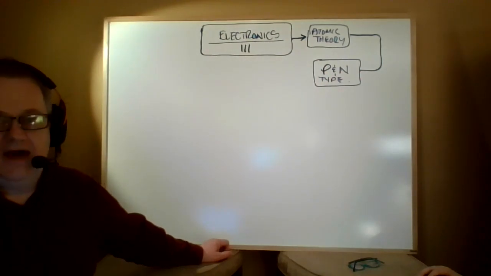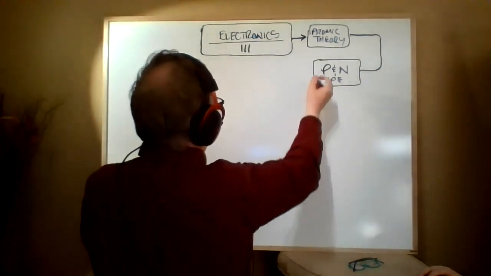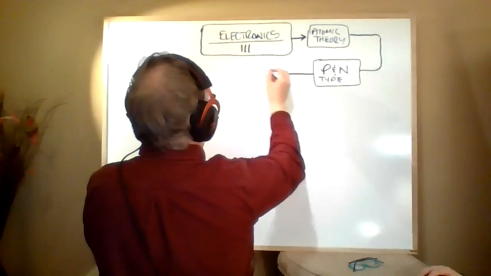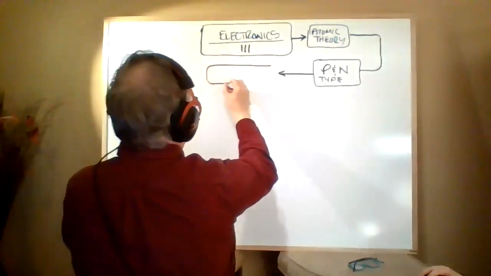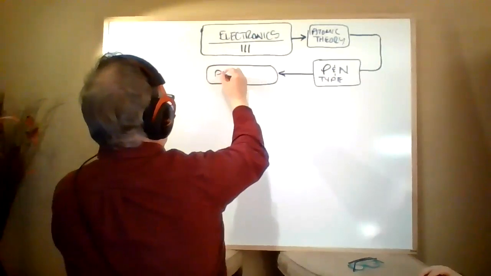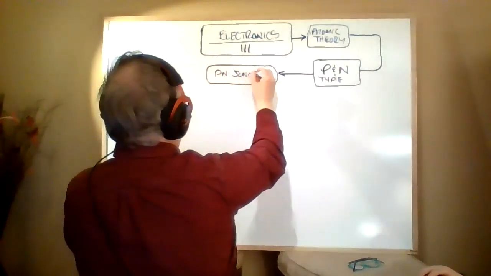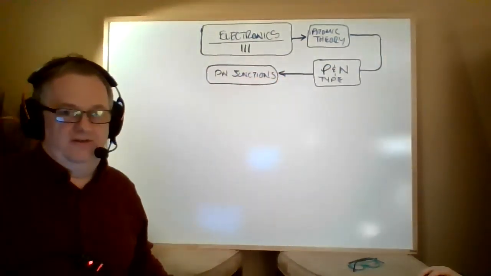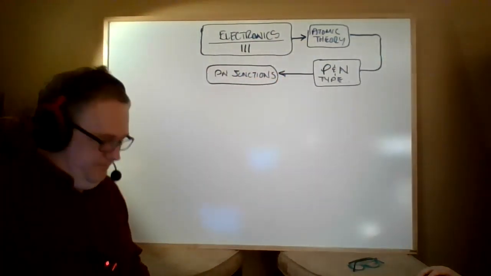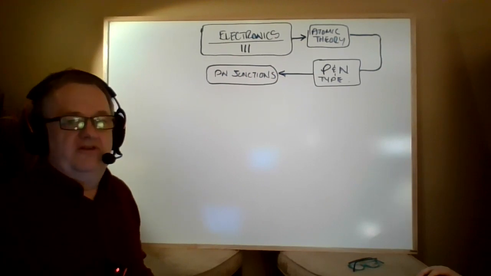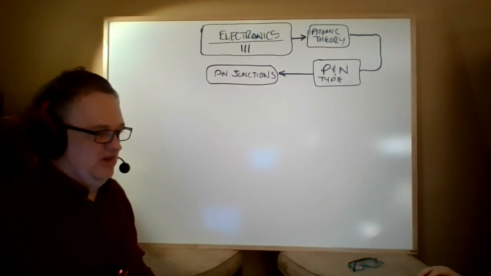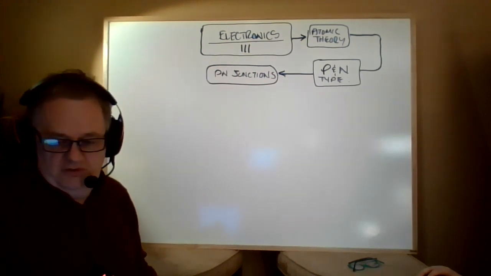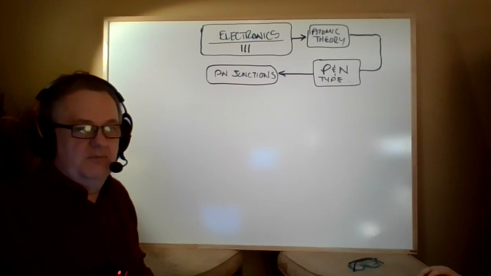Once we've talked about that, we have our P and our N type materials, and we're going to move to what we're going to do with those. Well, we're going to put them together in what we call PN junctions. Now, a PN junction is a diode, but there are many other ways of combining PN junctions together in more than 2 layers, and those are the basis of several other types of components.